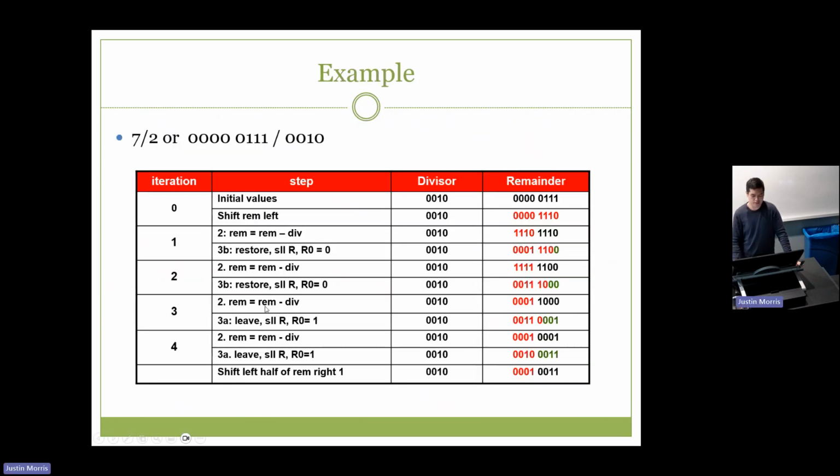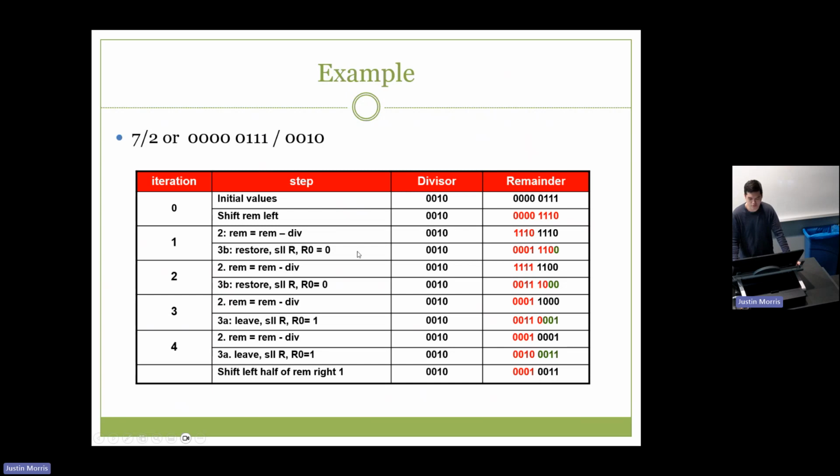So here is the same example. We have our initial values, we have the divisor, and then the remainder. And now the first step is to shift the remainder left by 1. Do the subtraction. So we have the remainder, subtract the divisor, and we get a negative result.